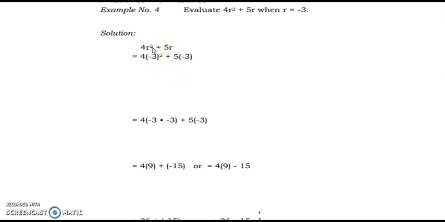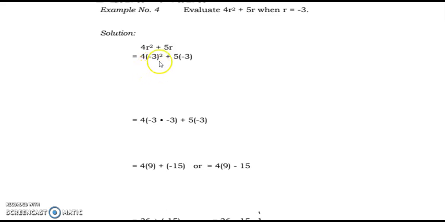We also have multiplication and addition, but using GEMDAS rule, exponent comes first, then other operations. So let us solve first the exponent. We need to multiply -3 twice, or 2 times by itself. That's -3 times -3, because the exponent tells how many times you will multiply the base by itself.